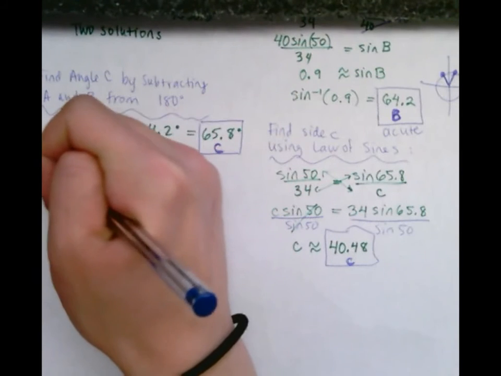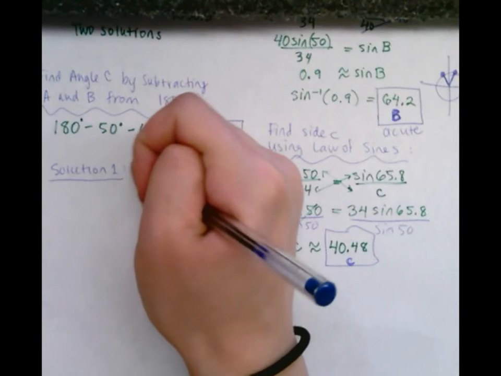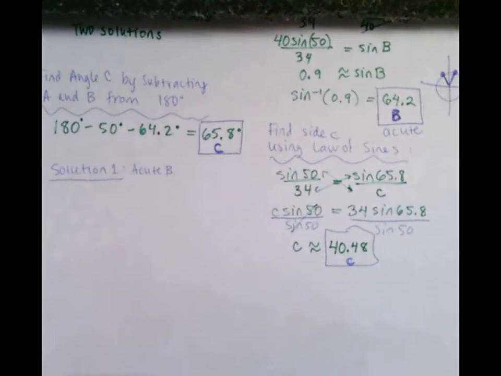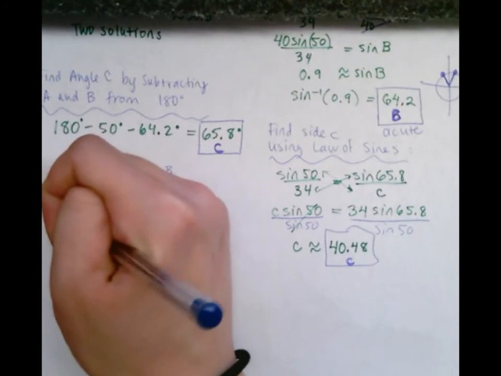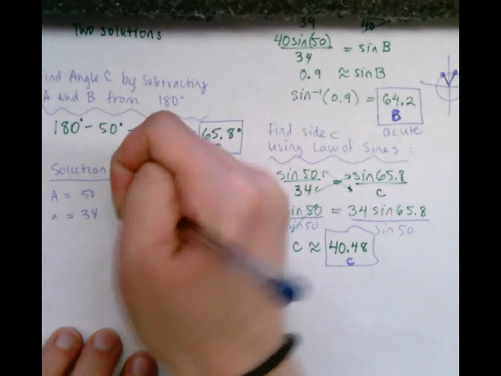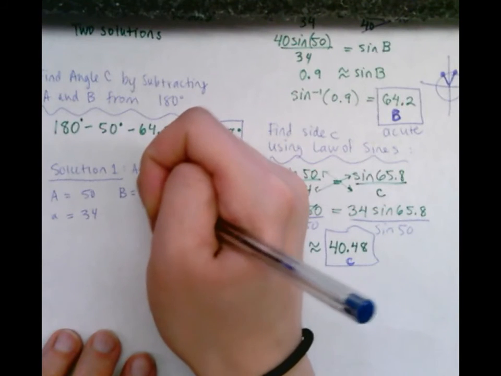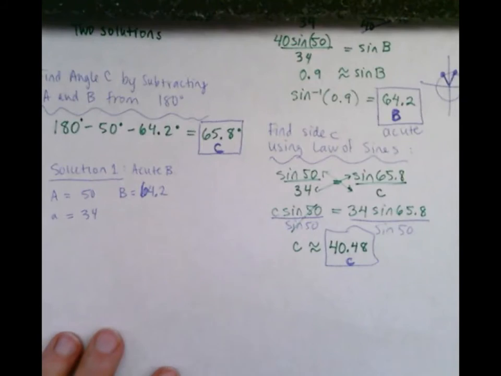So we have solution 1, I'm going to call it. And this is going to be with the acute angle B. This is where we chose the acute B value there. So we started with a little a, and we started with those being 50, 34. Then big B we found to be 64.2.